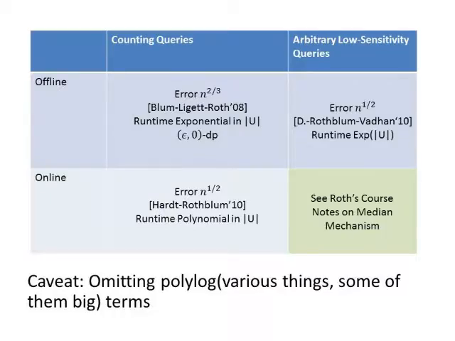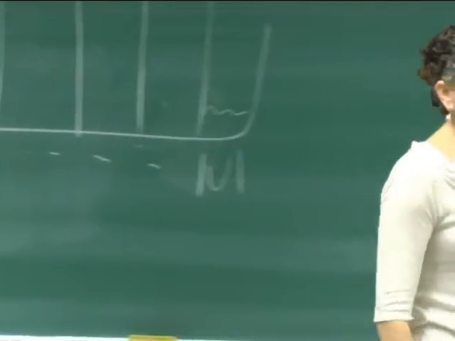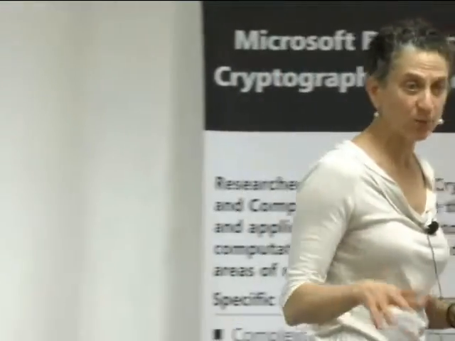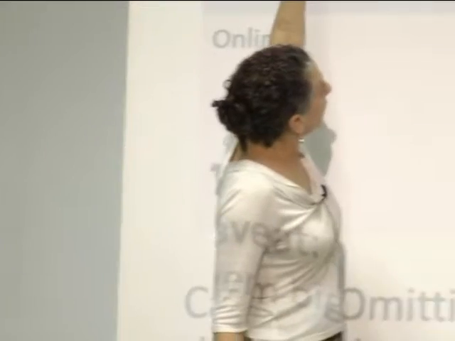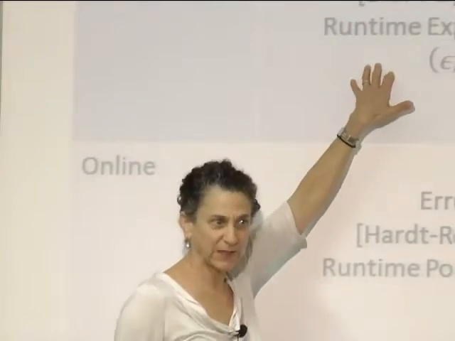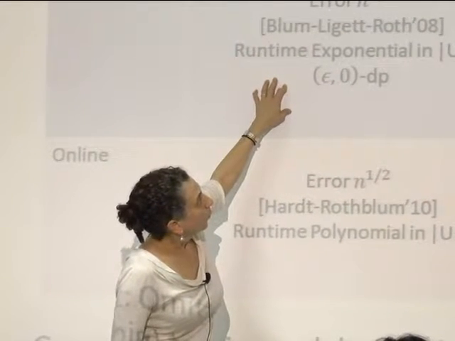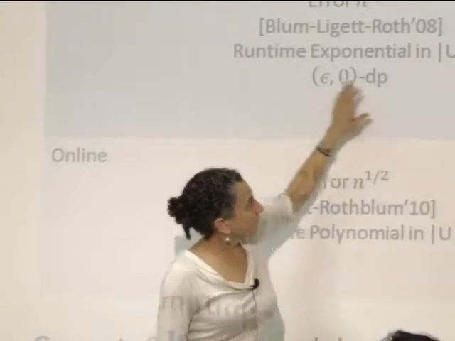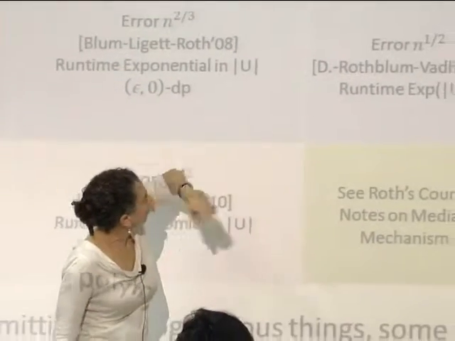Okay, so let's look at some of what we've seen. We already talked about using the exponential mechanism or report noisy max to get an offline algorithm for counting queries. You saw that like in lecture 2, I think. There is a paper which we will discuss next.